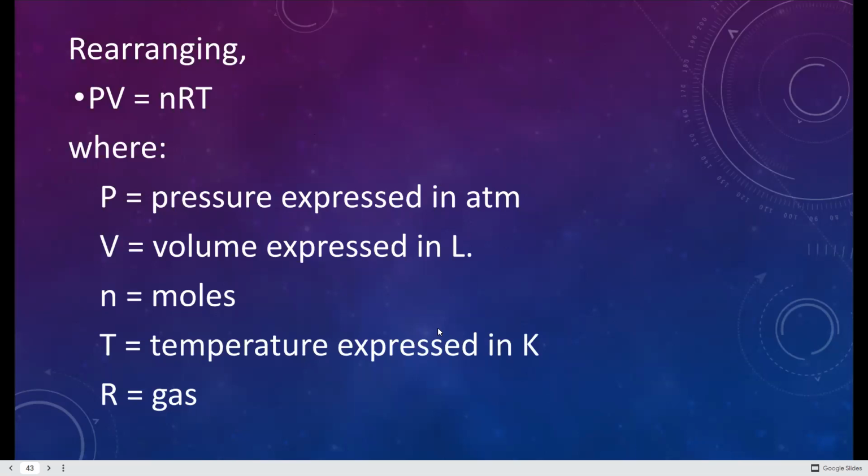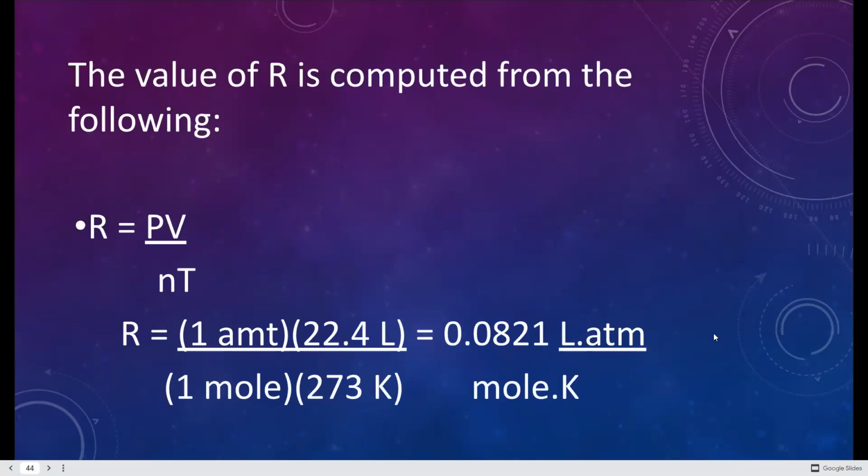Again, for the proportionality constant, since it is constant, it can be computed as 0.0821 liter atm per mole Kelvin.